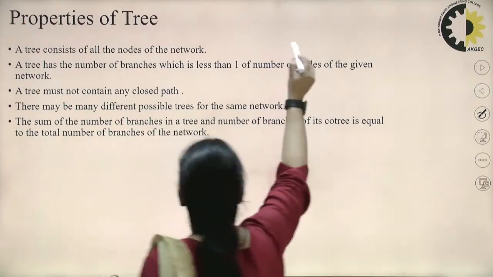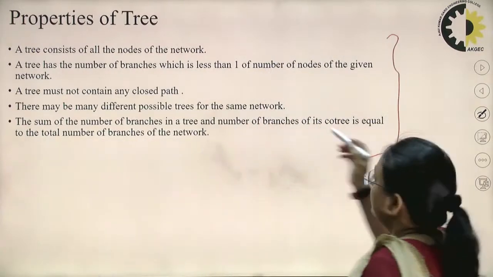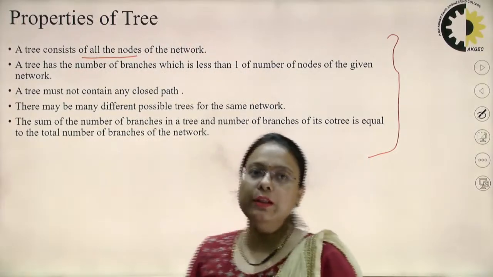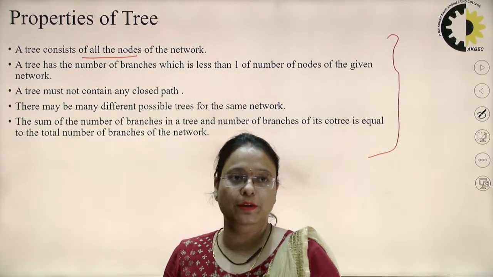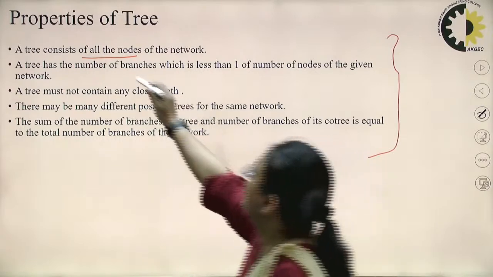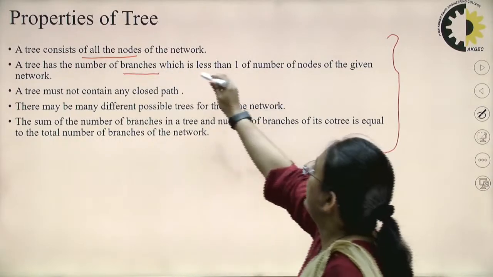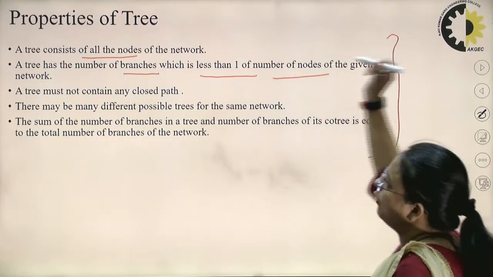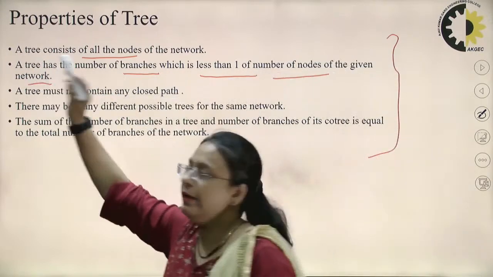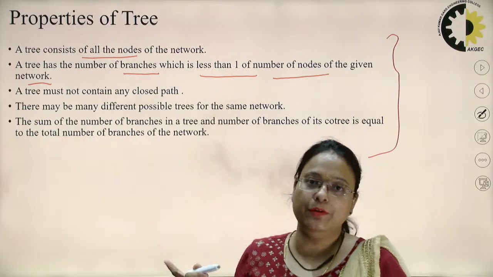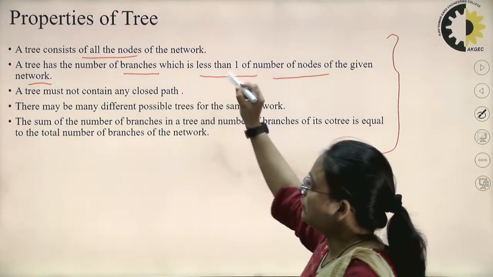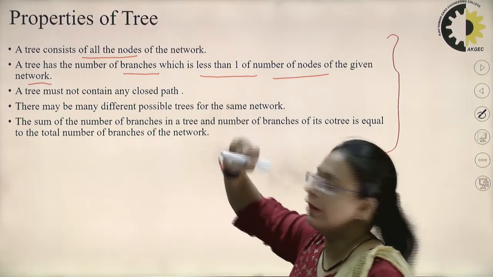Now these are the properties of trees. As I have already discussed, a tree consists of all the nodes of any given network. A tree has a number of branches which is one less than the number of nodes of the given network. If there are n nodes, then the number of branches of the tree will be n minus 1, and those branches are called twigs.